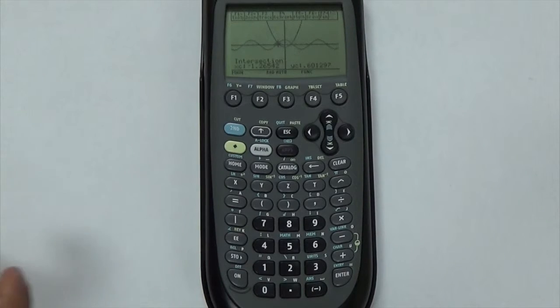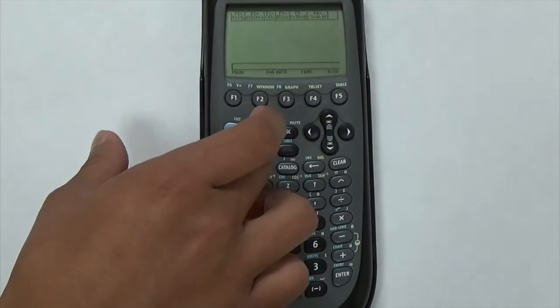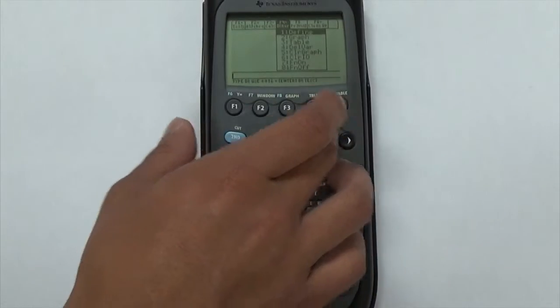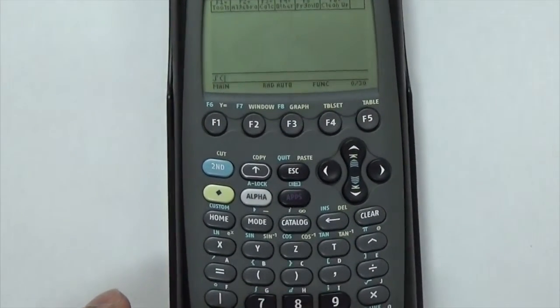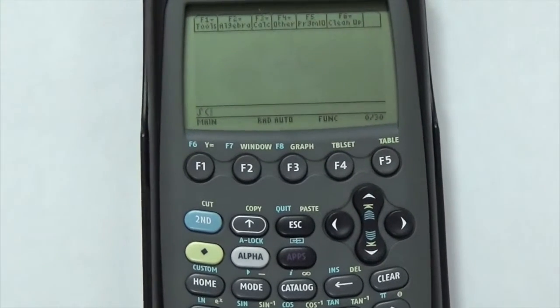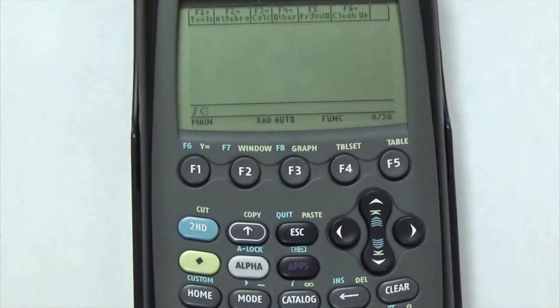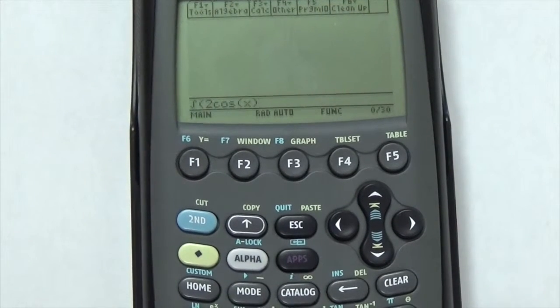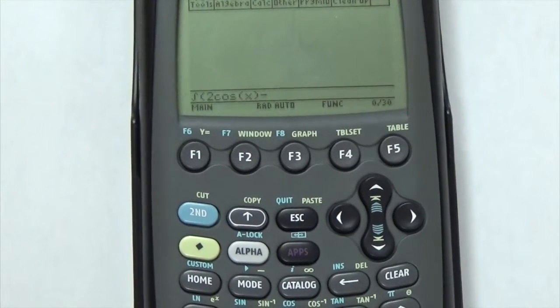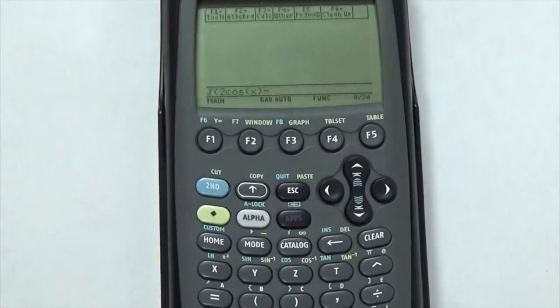So now that we know that, let's go over to integrate. So what we're going to do now is F3, we're going to integrate, and we're going to use our original functions, 2 cosine of x minus x squared minus 1.